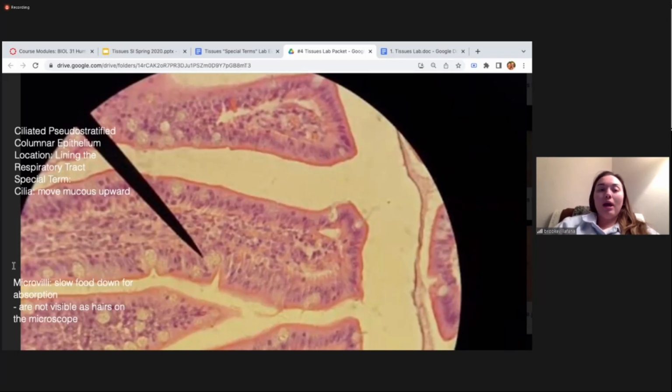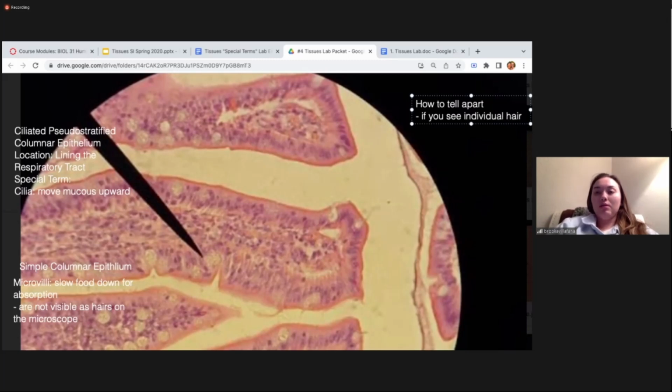The other way you can tell them apart, I guess I can write this over here. How to tell apart: if you see individual little hairs, that would be ciliated. And if you see 2 columns of cells, that would be simple columnar.